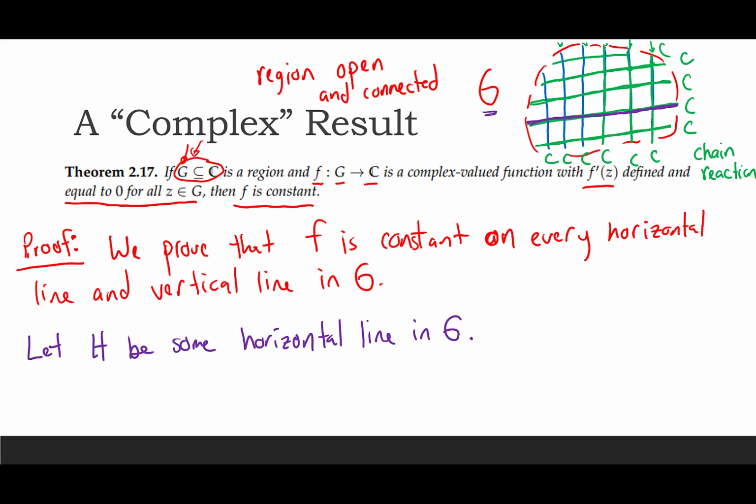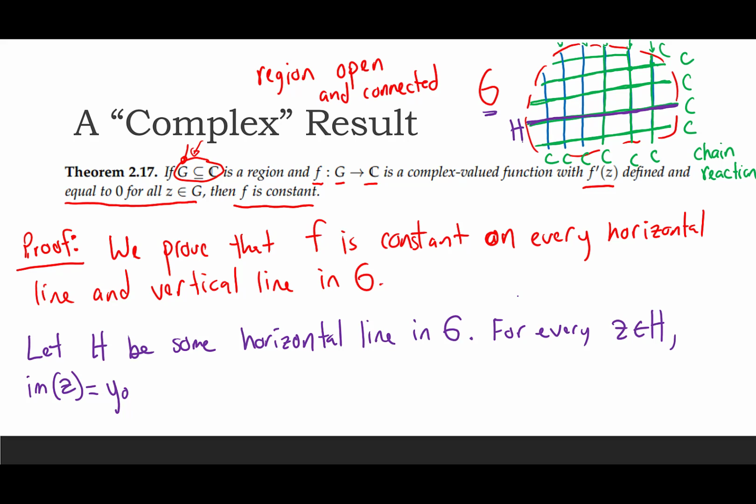If this is a horizontal line, what that means is that for every z in H, since it's on a horizontal line, all points have to have the same imaginary component. So for every z in H, the imaginary part of z is always the same thing, and let's call that same thing y naught, because why not? So we have a horizontal line, which we're calling H, that's in G.